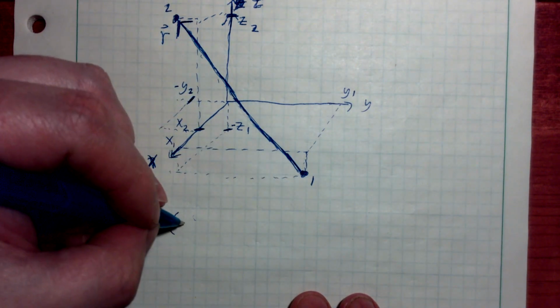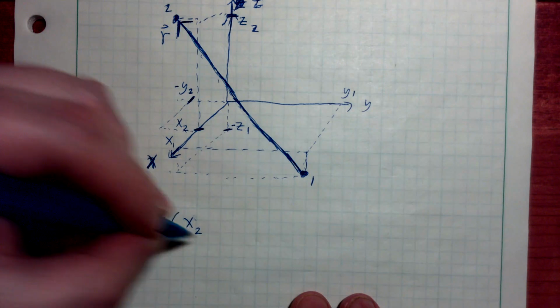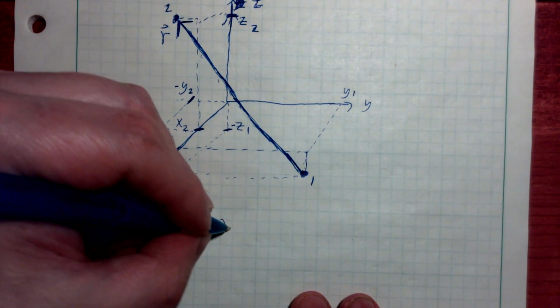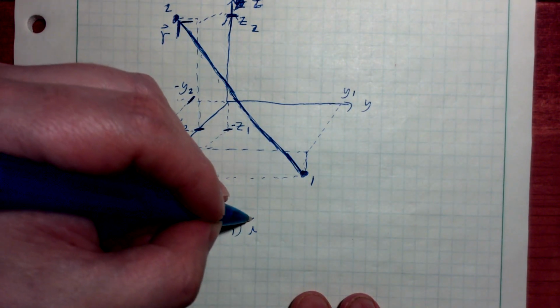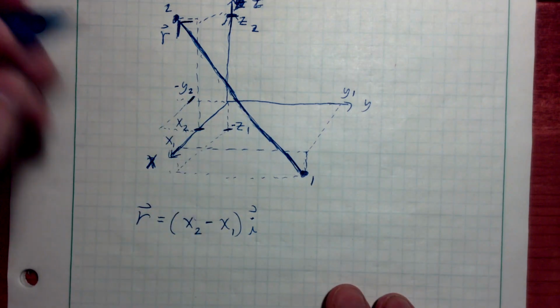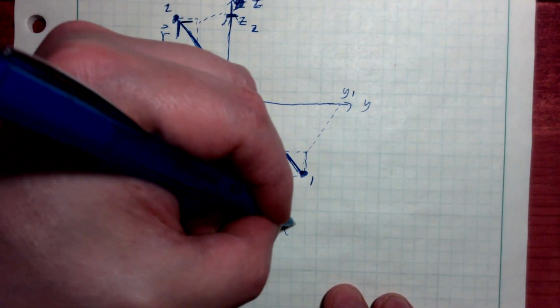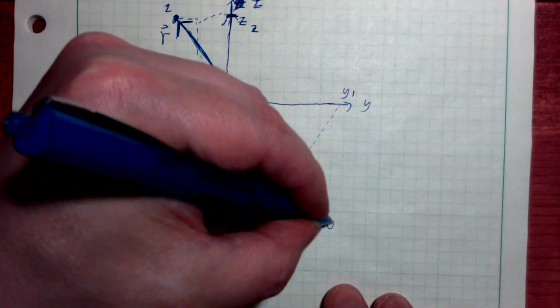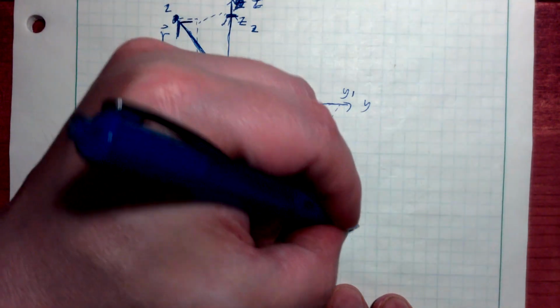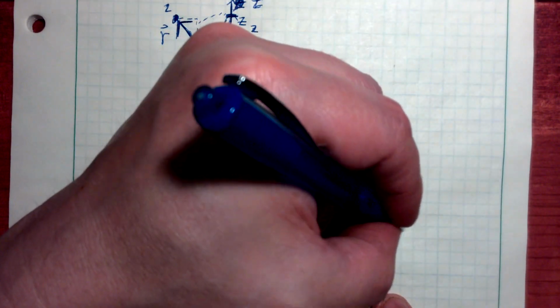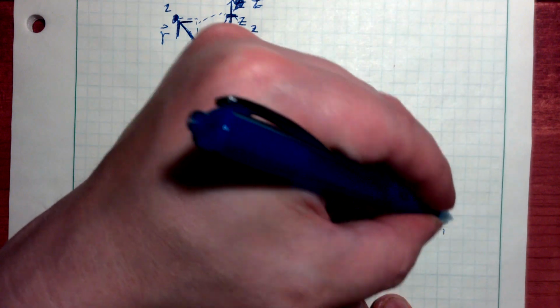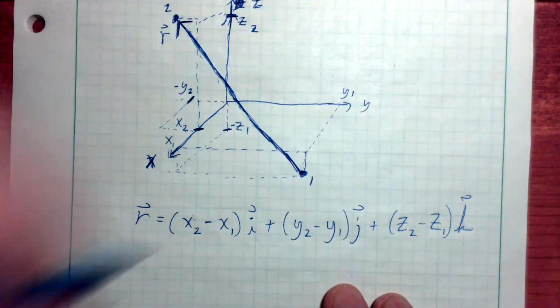So I'm going to take the value at point 2, x2, minus the value at point 1, final minus initial, and that's going to represent the x component. And I'm going to do the same thing for the others: y2 minus y1 in the j direction, plus z2 minus z1 in the k direction.